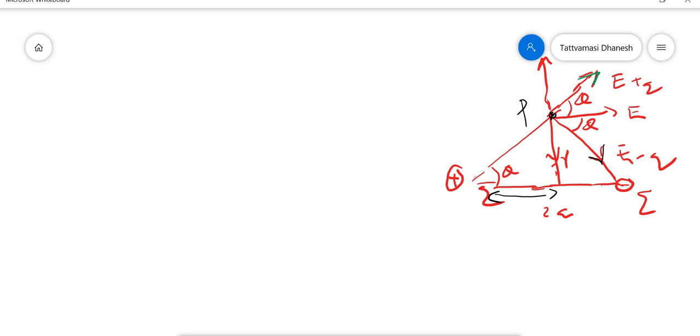So the distance towards P from plus q and minus q should be, by Pythagoras theorem, root of r square plus a square. This is the distance towards P from both plus q and minus q.